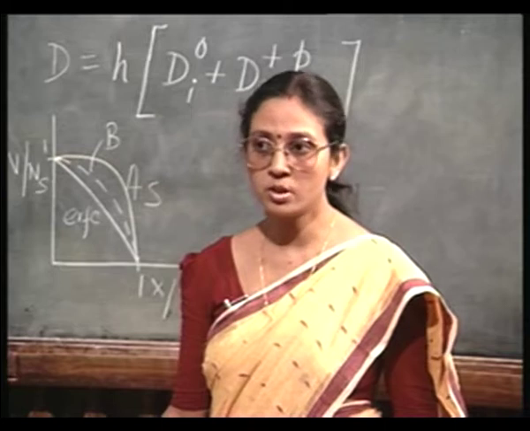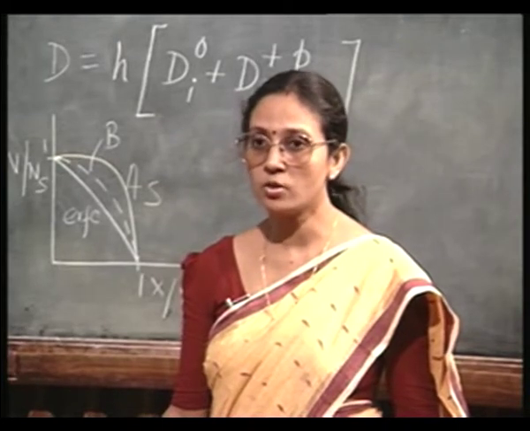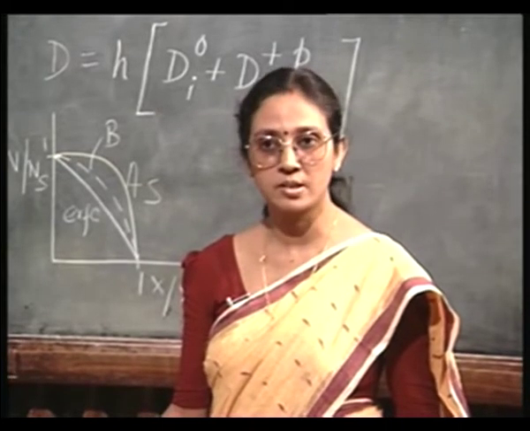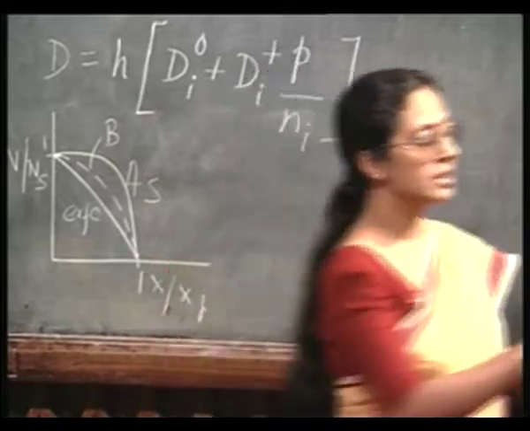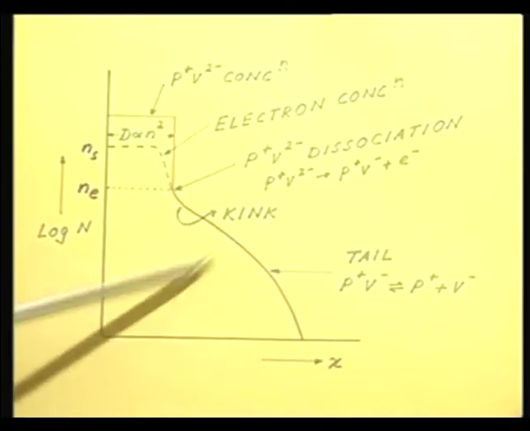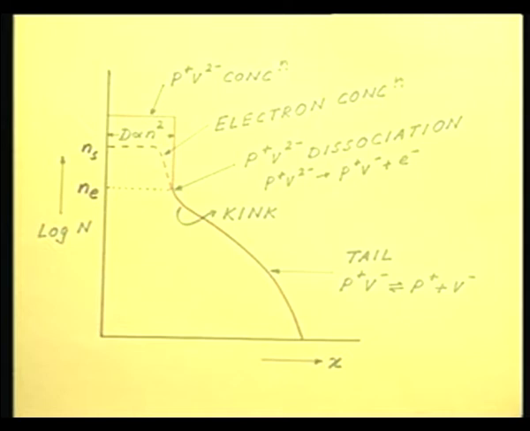You know, diffusion is going to be primarily dependent on the availability of the vacancies. So, in the tail region a number of vacancies are created because of the dissociation. So, the diffusion gets enhanced, that is why you have an extended tail into the bulk material.